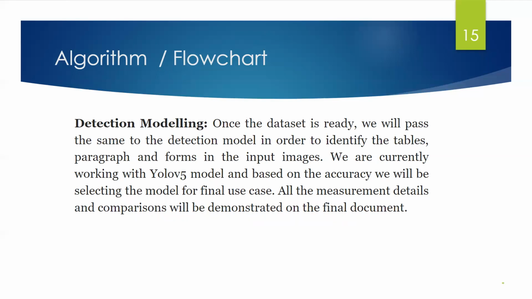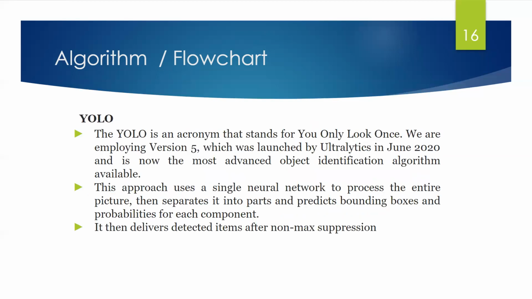In this project, we are making use of the YOLO V5 model in order to detect the regions in the images. YOLO is an acronym that stands for You Only Look Once. We are employing version 5, which was launched by Ultralytics in June 2020 and is now the most advanced object identification algorithm available.